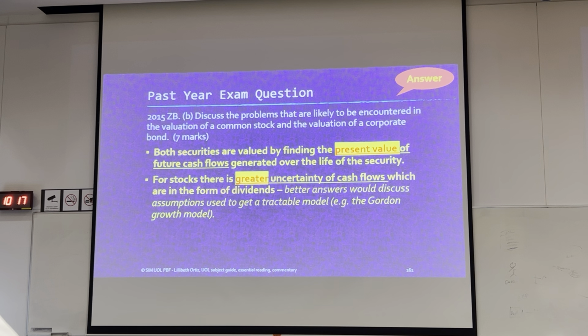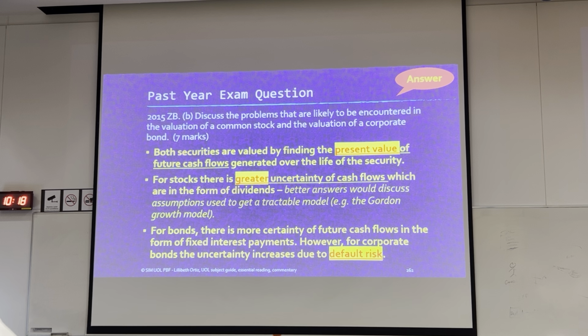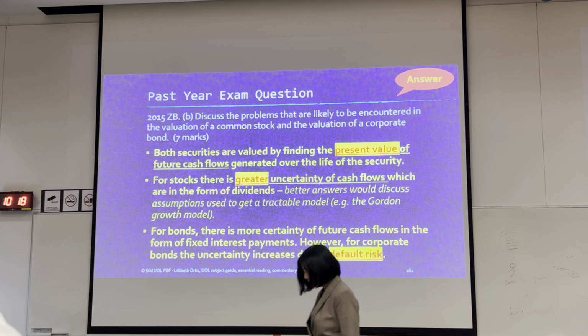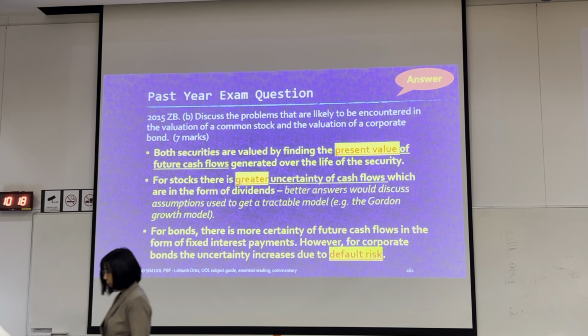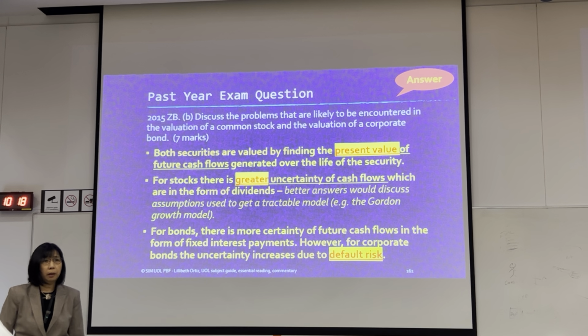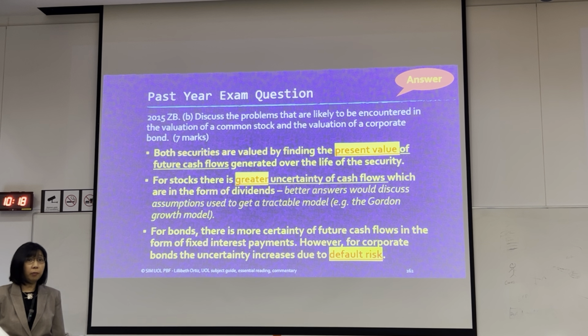Like if you use the Gordon growth model, you can't really be sure whether that constant growth will happen, correct? Bonds are more sure, but some bonds default. So we have all of these bonds, right? Like Evergrande bonds, they have all these default issues.